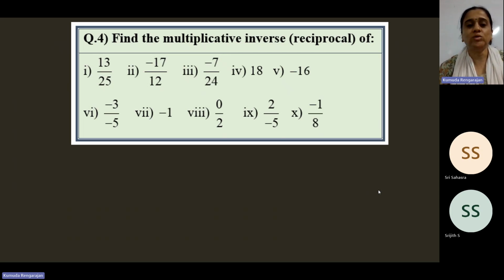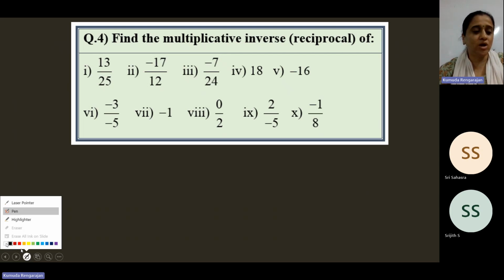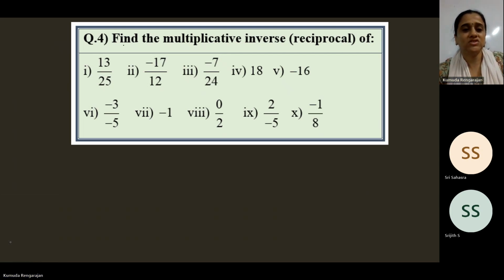Now what do you do to find the multiplicative inverse? Disturb the number, not the sign. Change the number, not the sign.